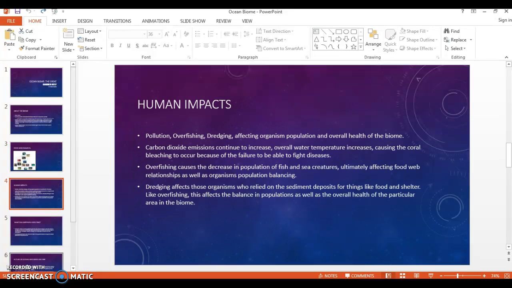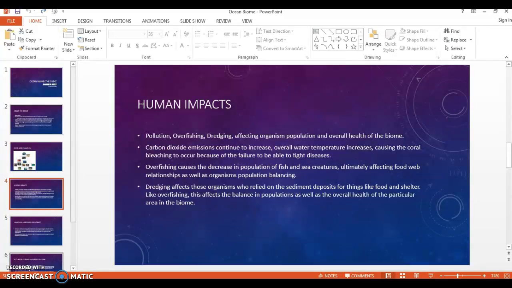So some human impacts that affect the ocean biome include pollution, overfishing, and dredging, and all three of these affect the organism population and overall health of the biome. More specifically on pollution, it's carbon dioxide emissions, and as they continue to increase, water temperature increases, and it causes the coral to go through coral bleaching because it is failing to fight the diseases that it has to fight against.